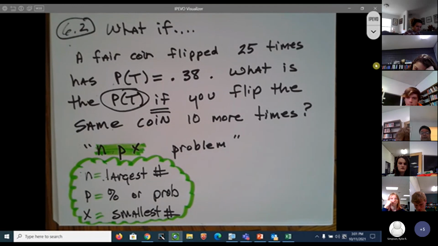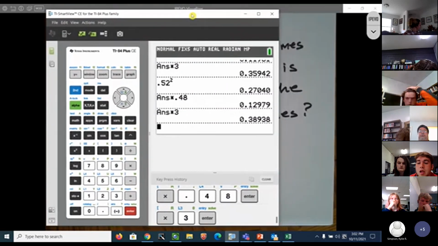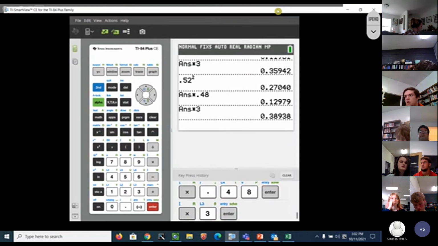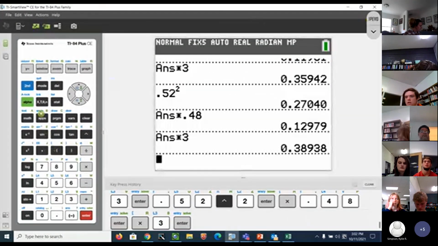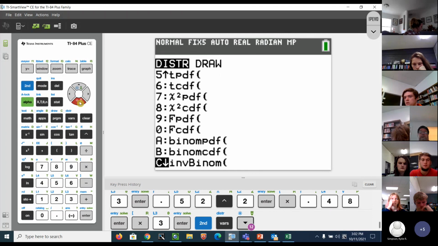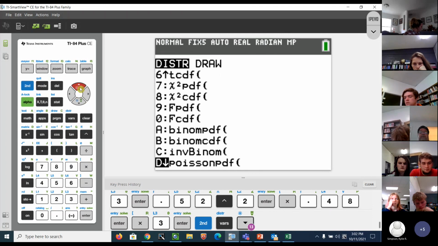Now, if you look in your book, there is a way to do it, and you can look it up on your calculator. Calculator is right here. And you go to second vars, and you go to binomial PDF.